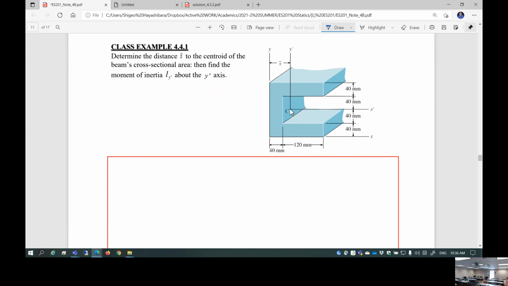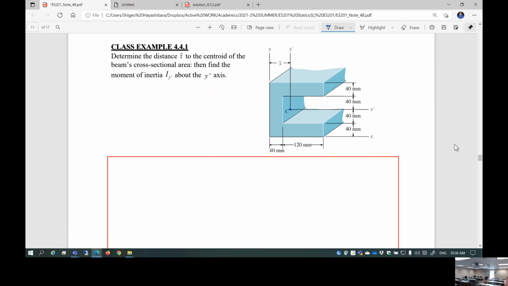So this is the centroid. The first step is to measure from here. This is a reference point. What is the location of the centroid? Let's find x bar. And after you find it, what is the moment of inertia about this centroidal axis? So this is two questions, and you have to have a table.